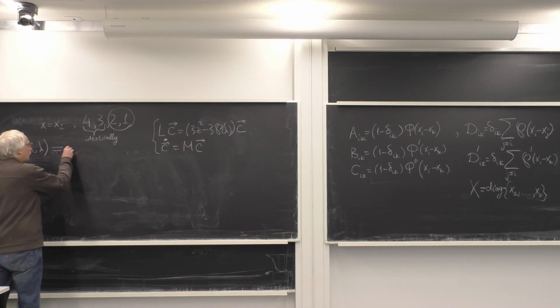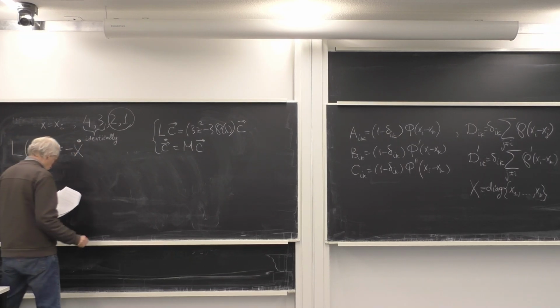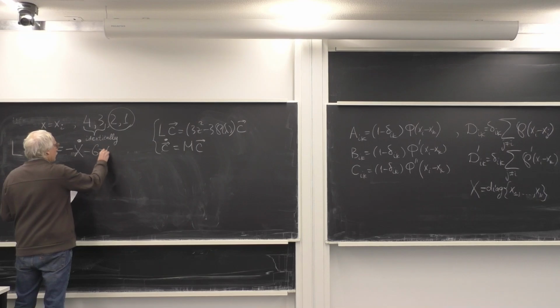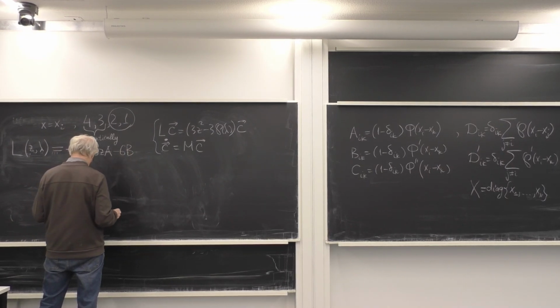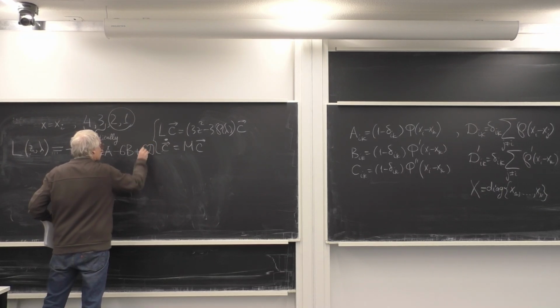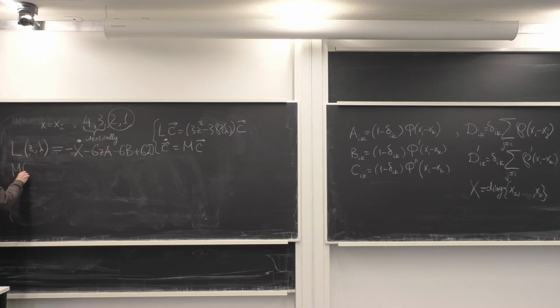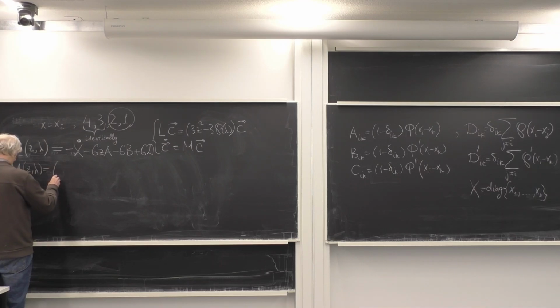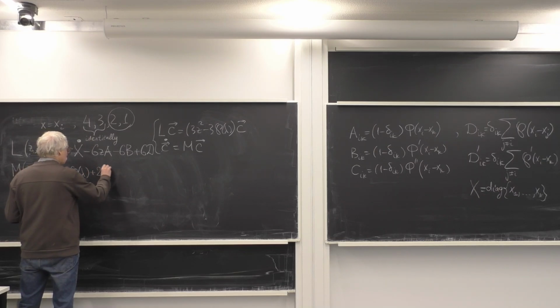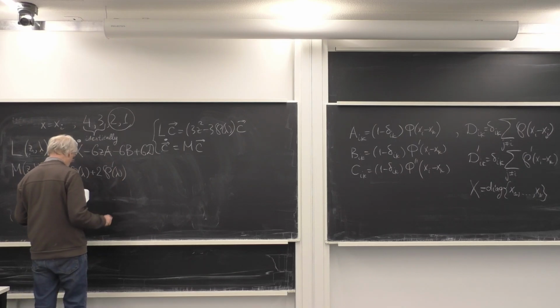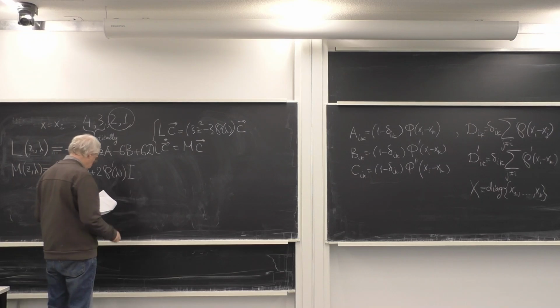Then the L matrix can be written in the following way. I is the identity matrix.